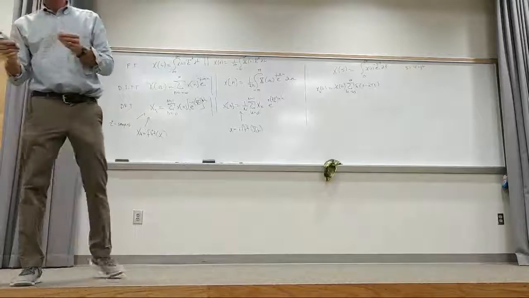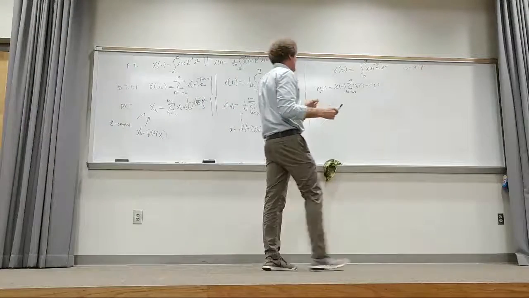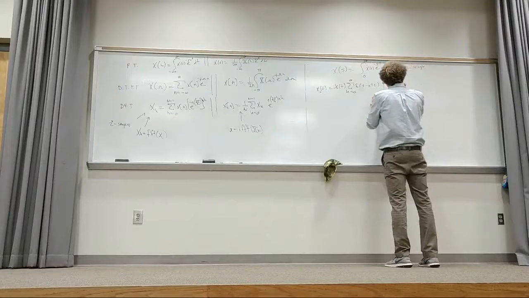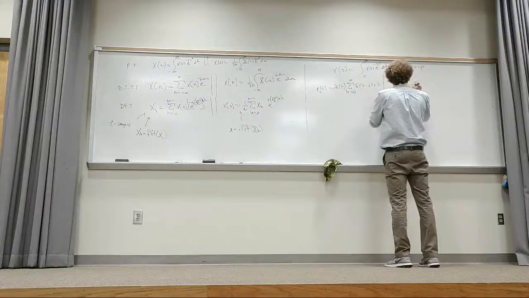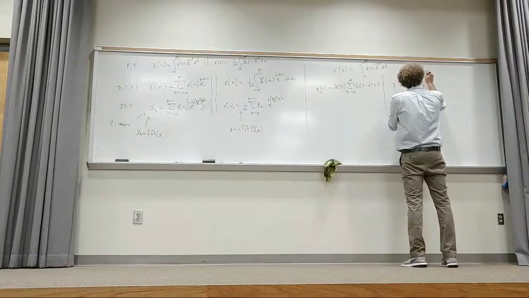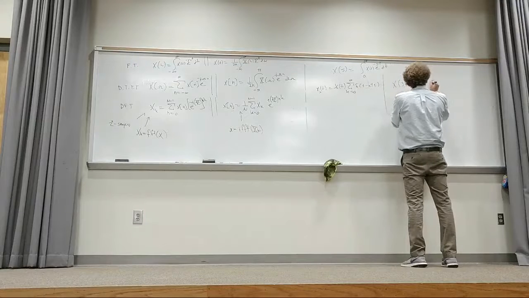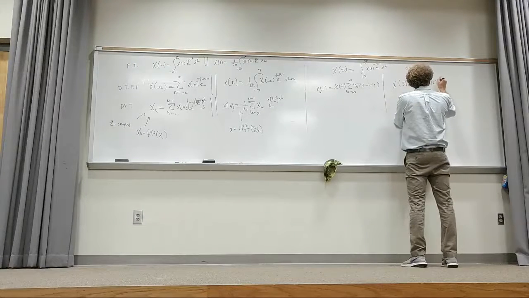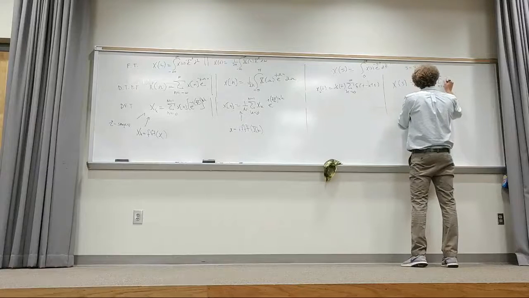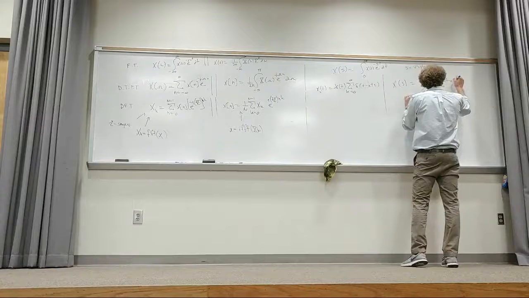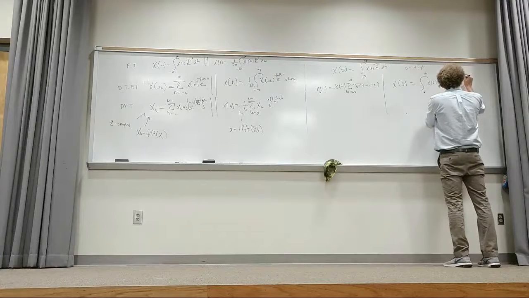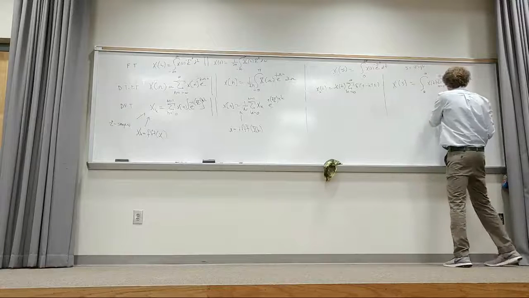You remember that? Now I go ahead and I put this in this integration. Don't write this down yet. When I put it in the integration, I have my X of s equal to the integral from 0 to infinity of this goofy thing, and it's multiplied by e to the minus st dt.